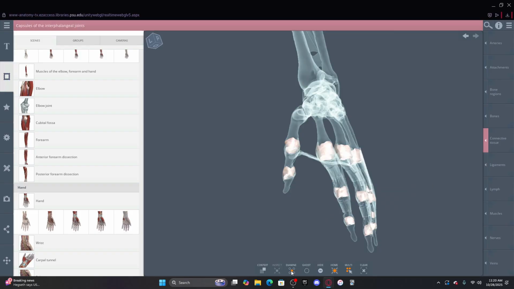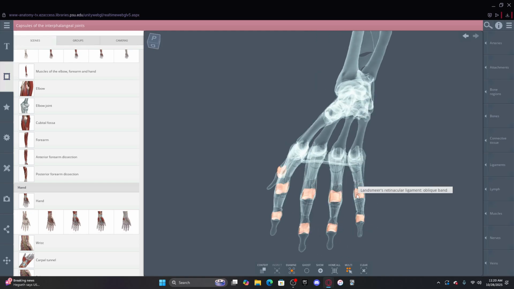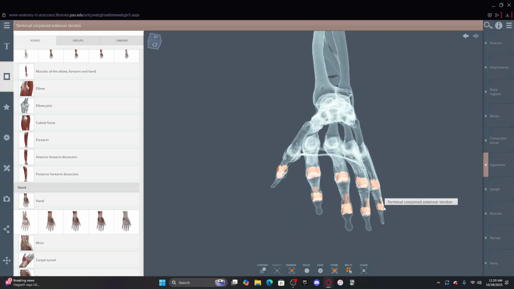These are your proximal interphalangeal joints, 1, 2, 3, 4. And then you have your distal interphalangeal joints. So imagine flexing at these joints here and keeping these joints straight or extended. That would be what the lumbricals are responsible for.